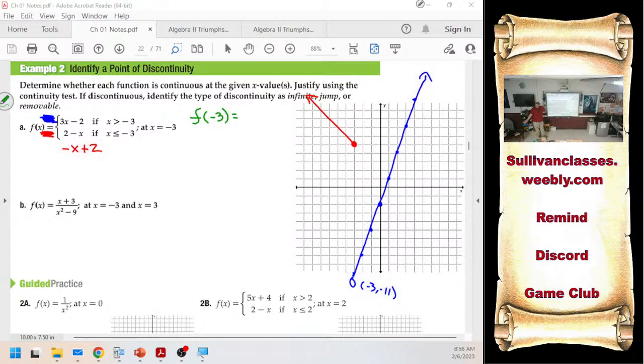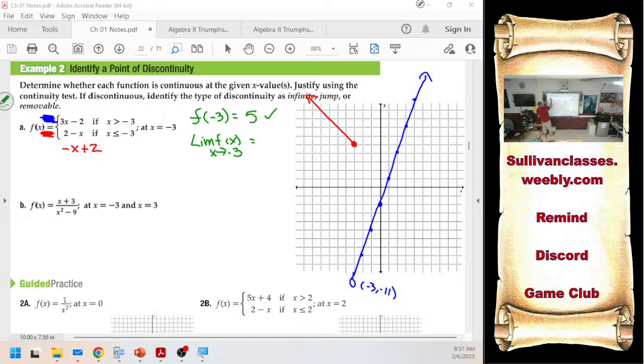First or second? Or equal to goes in the second one. I'm going to get a 5. Yay! I can plug it in. That doesn't break math. Next, limit. The limit of my function as x approaches -3.